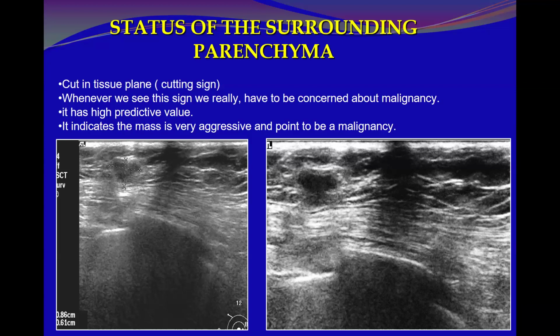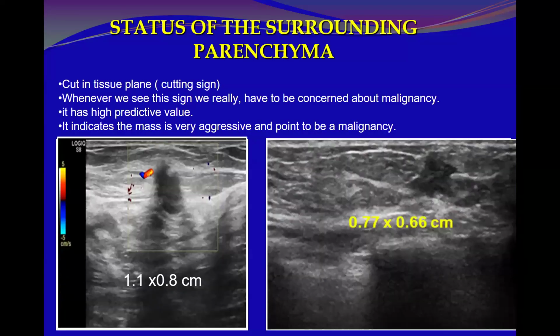It might be difficult to differentiate if it is a benign one or a malignant one, or it can even be just of mild or borderline suspicious features. But these features indicate the mass is very aggressive and point to malignancy from my experience.